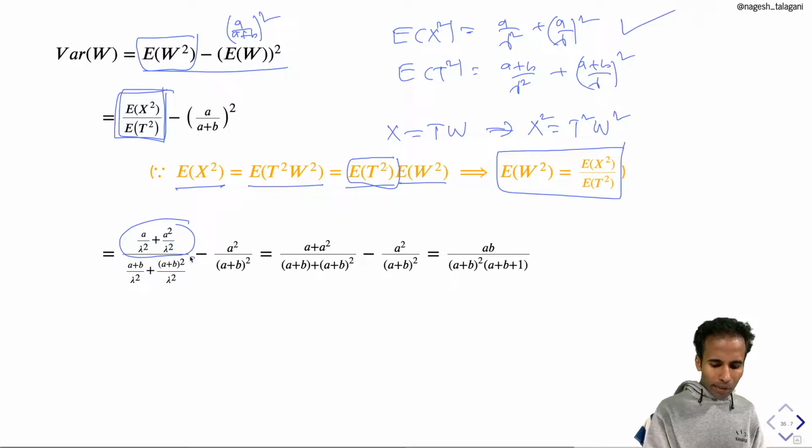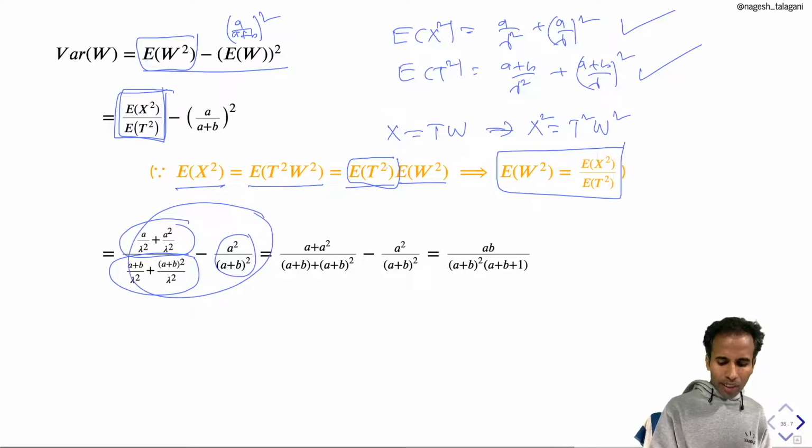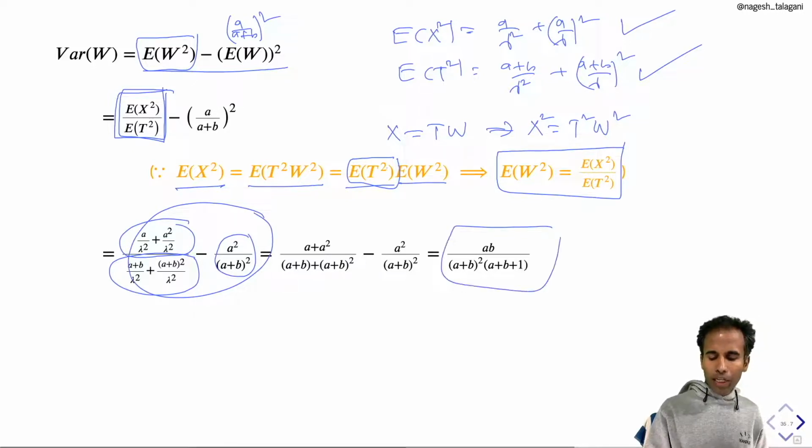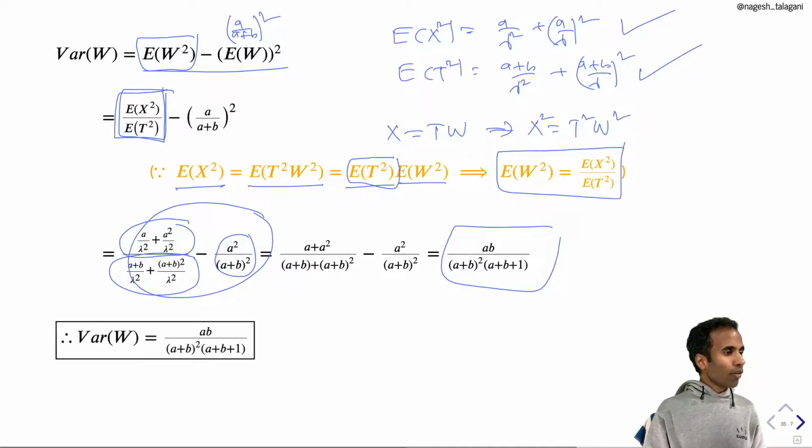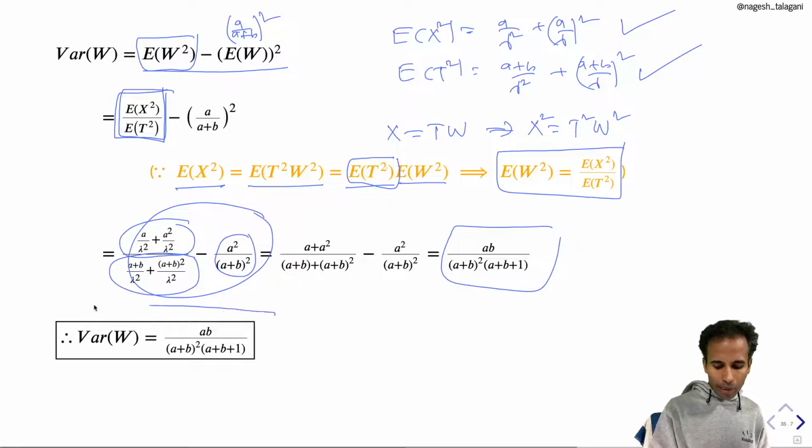This expectation T square I can write as A plus B by lambda square plus A plus B whole square by lambda square from this. Okay. Now this expectation W whole square I can write as A square by A plus B whole square. Now this whole thing gets simplified to AB by A plus B whole square times A plus B plus 1. Feel free to verify this. Okay. So therefore the variance of W is going to be AB by A plus B whole square times A plus B plus 1. Fine.